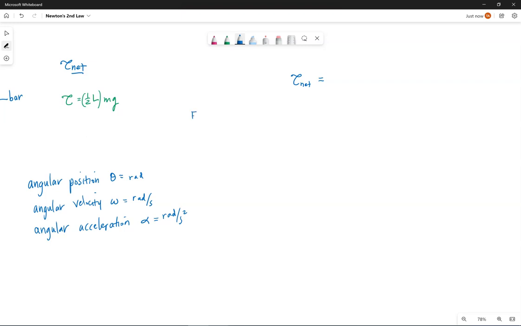Well, if we go back and think of Newton's second law, before we said the net force on any mass will equal the mass of that object times its acceleration. We can think of that bar as a whole bunch of pieces of mass. Each of these will be little pieces of mass.